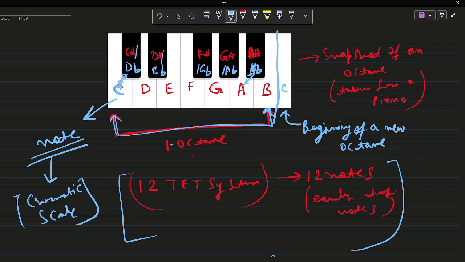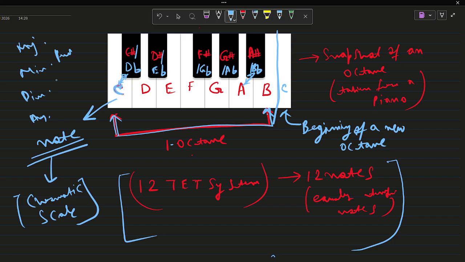So you have 12 equal tempered notes in the 12 TET system. From here, if you take the entire set, you will get the chromatic scale. Or if you take a proper subset, you will get something like the major scale, minor scale, diminished, augmented, pentatonic major, blues.